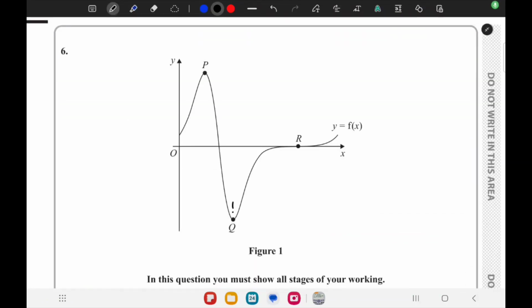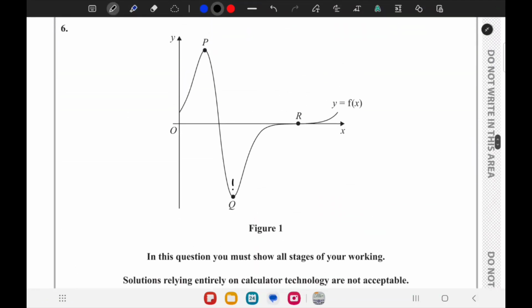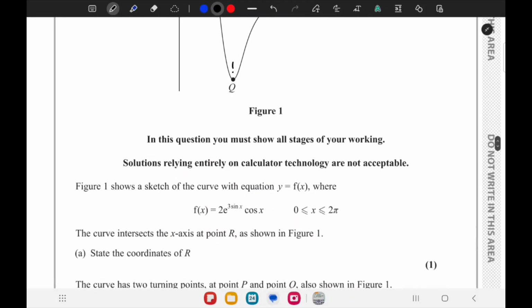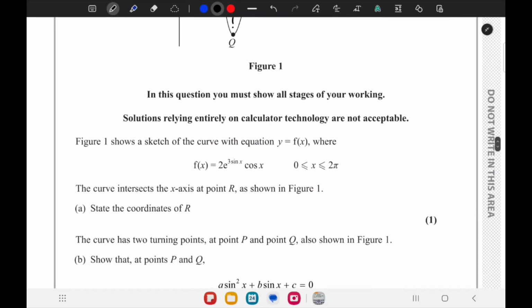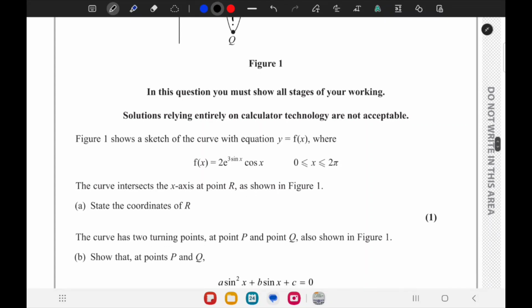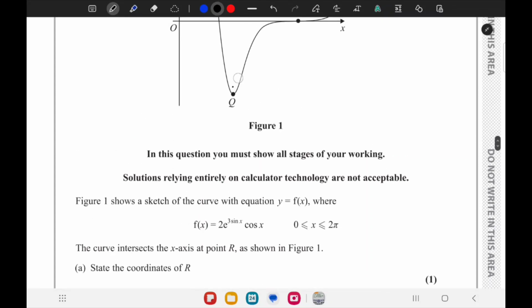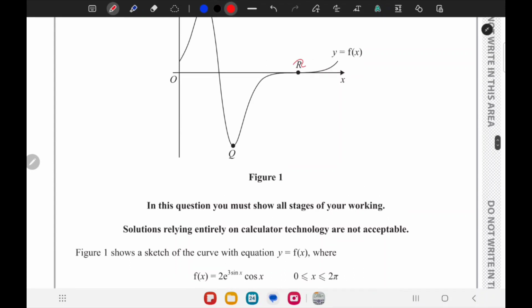Now we move to question 6. We are given this graph over here of e to the power 3 sin x times cos x. We have to state the coordinates of r. So r is this point over here. R is the second root. So this is the first root and this is the second root.